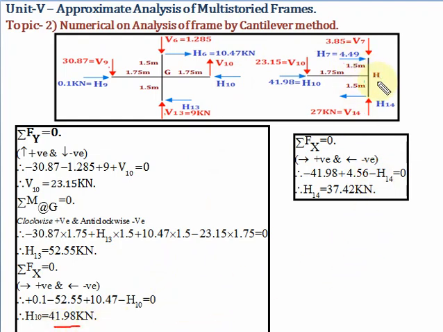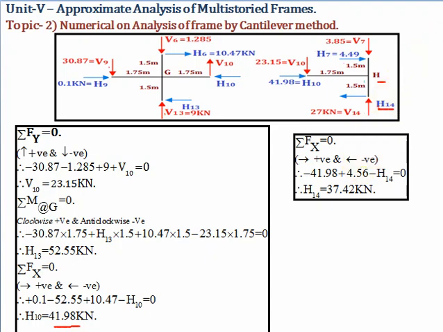Okay, now we'll consider the last joint, that is H. Only one unknown is there. Which is that unknown? So the unknown that is not known to us is H14. Okay, so as this is a horizontal force, we apply the equilibrium equation, that is summation Fx equal to 0. If the force is acting toward the right hand side, plus, and if the force is acting toward the left hand side, minus.